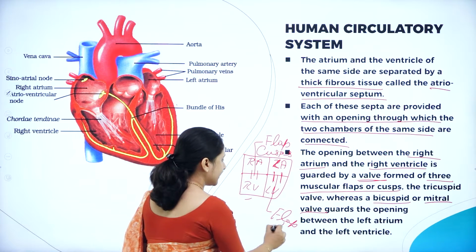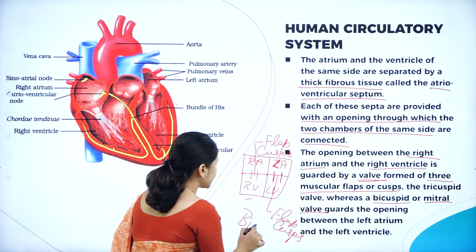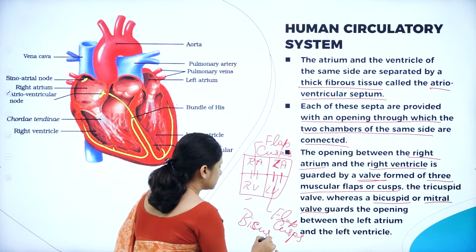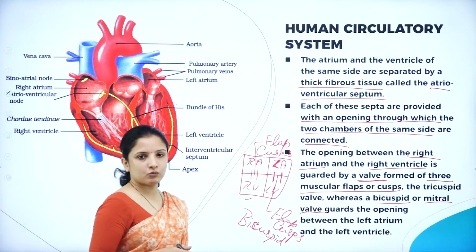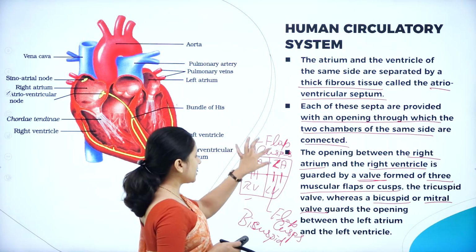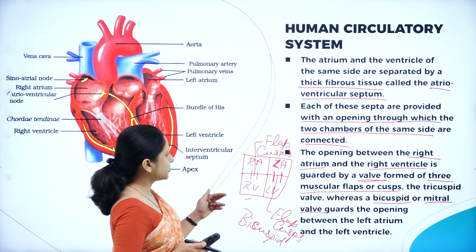It is also called cusps, but it is made up of 2 layers. That is why it is called a bicuspid valve, or the mitral valve. So it guards the opening between the left atrium and the left ventricle. I hope you have understood this.